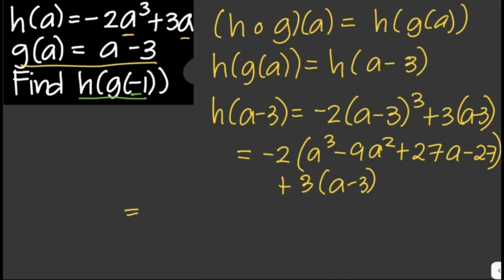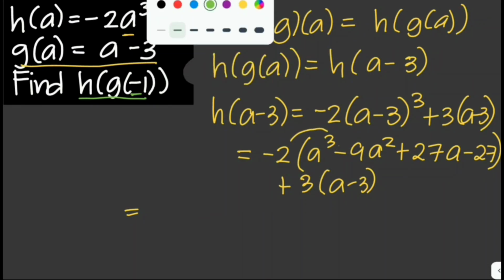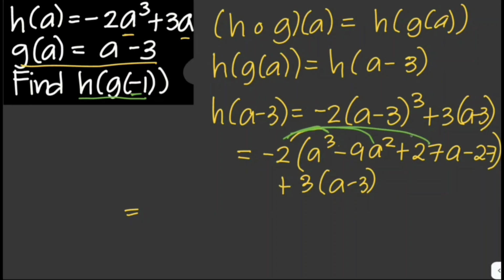We distribute negative 2 to the expression inside the parenthesis. So negative 2 times a cubed is negative 2a cubed. Negative 2 times negative 9 is just 18a squared.